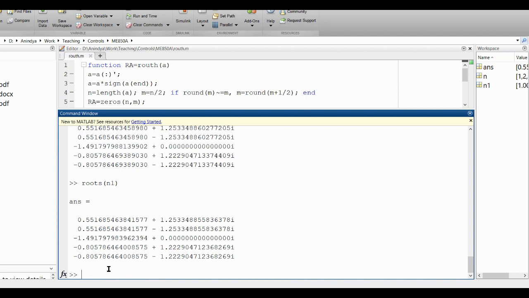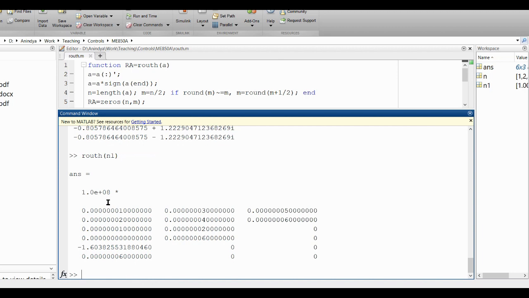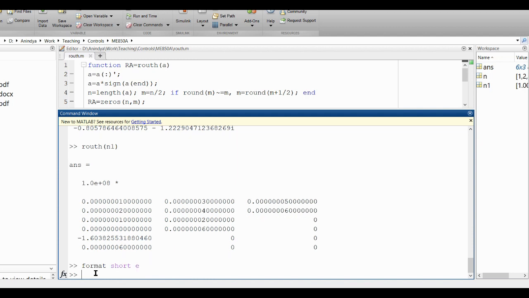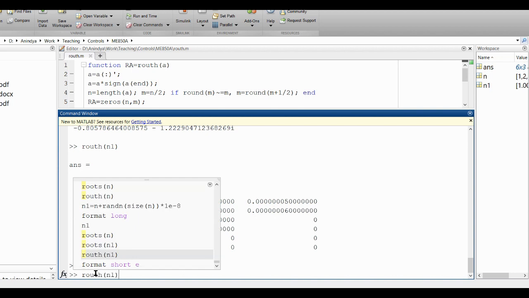But now when I try Routh n1, you will see that this has become well behaved. Okay, well, this is still 0. This is still 0 to this order, but what I can do is I can say format short e, just to clean it up a bit.